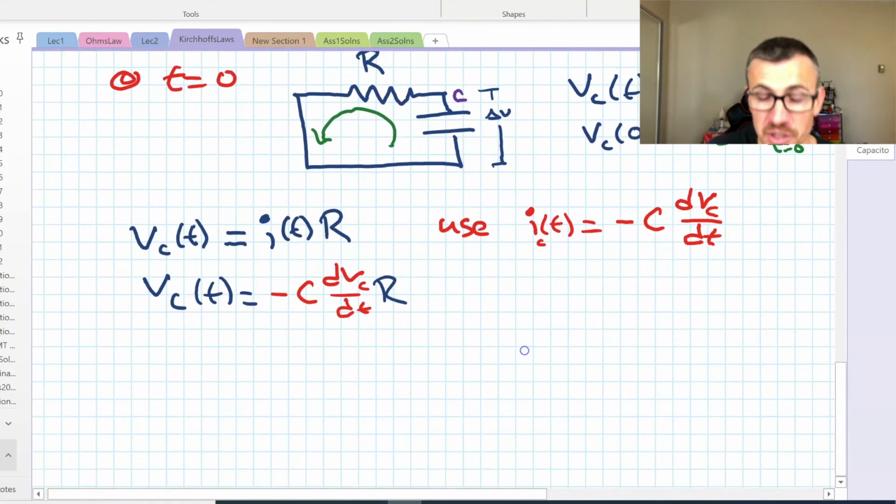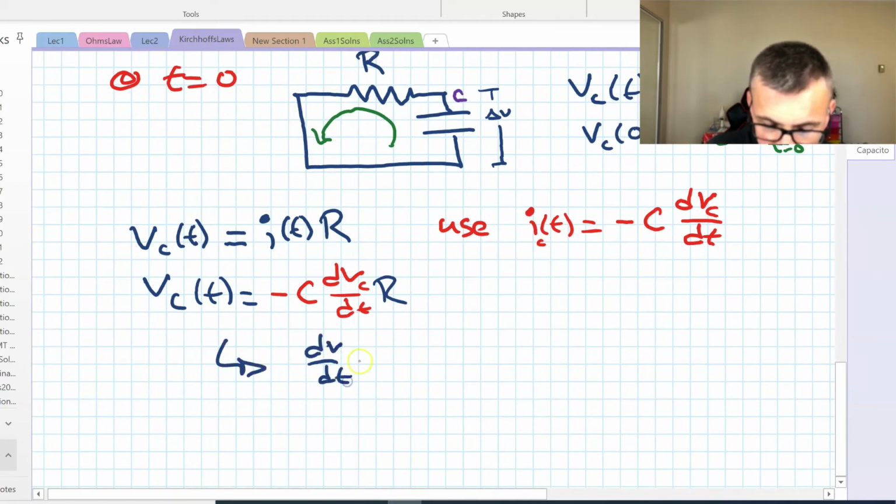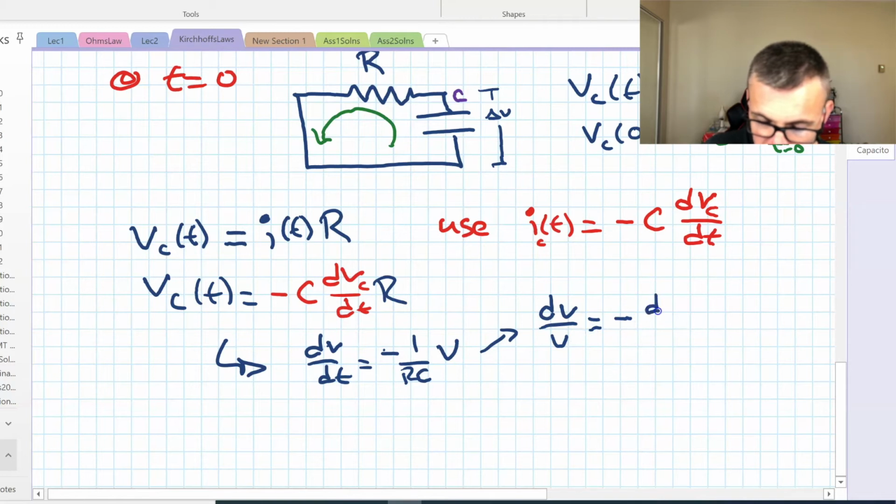This is what we call a differential equation. So write it slightly differently: dV by dt is equal to negative 1 over RC times V. There are many ways to solve this equation, but let's write it like this: dV over V is equal to negative dt over RC.